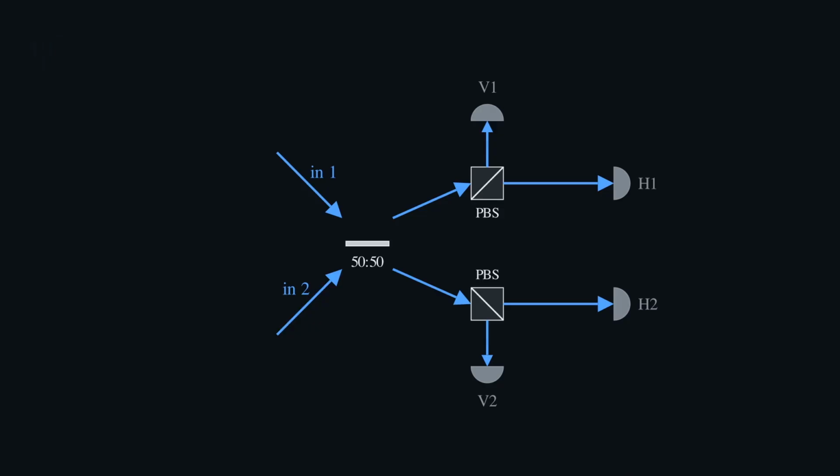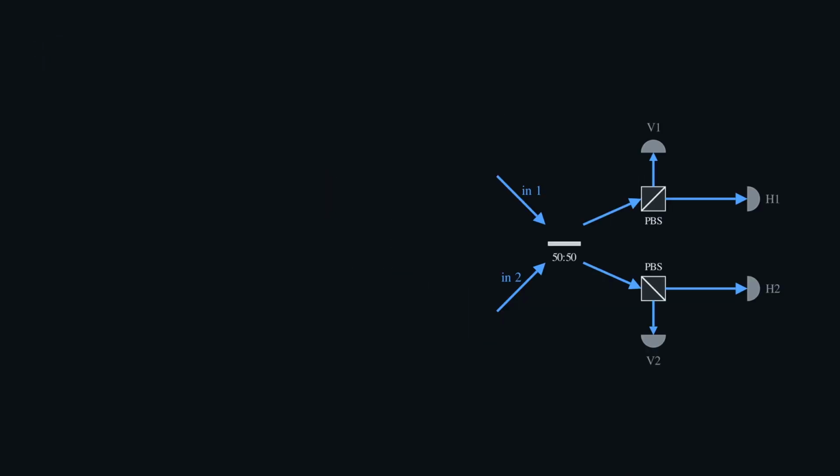So let's consider the situation where the psi plus state comes in. As we mentioned from the equation, the psi plus state will exhibit bunching, and it will click either both H1 and V1 or both H2 and V2. The psi minus state will exhibit anti-bunching and click either both H1 and V2 or both V1 and H2.